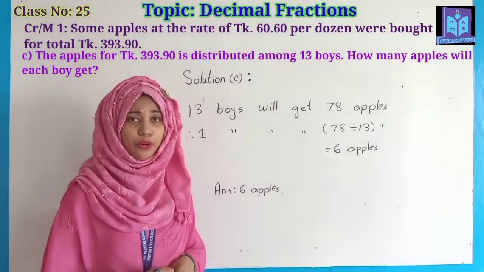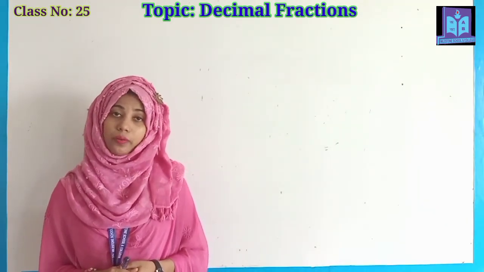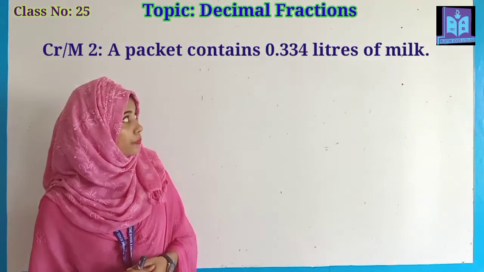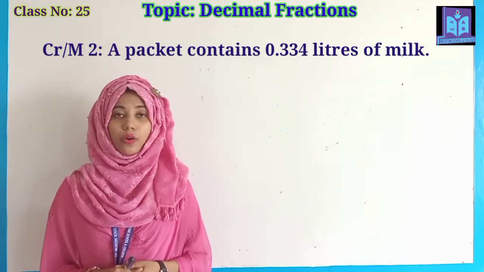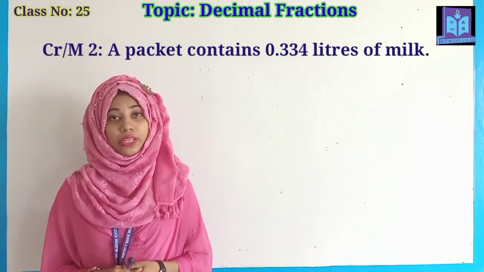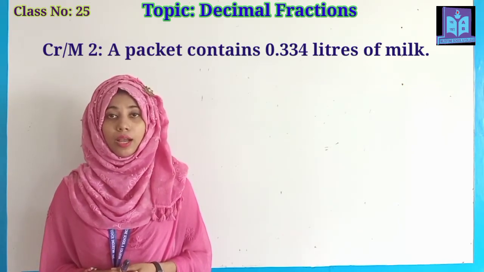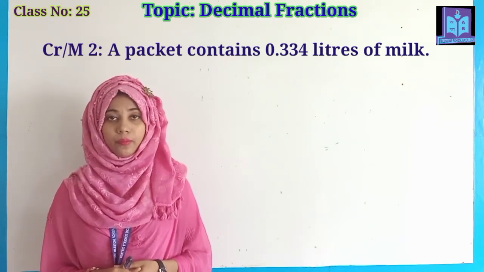Any confusion? No? Now my dear kids, we will solve the next creative math. It means creative math number 2. Our statement is a packet contains 0.334 liters of milk. Based on this statement, there are 3 questions.